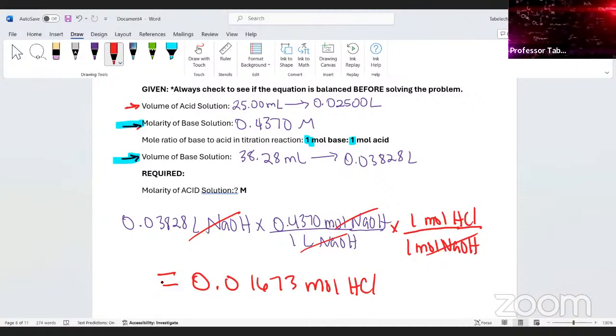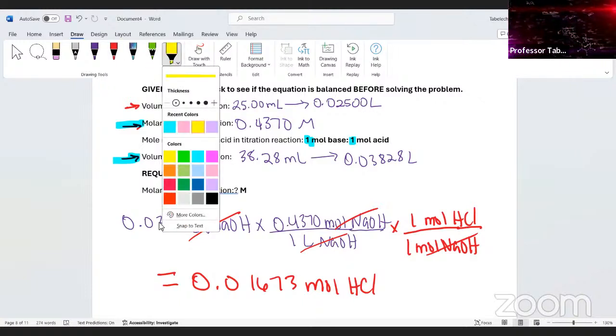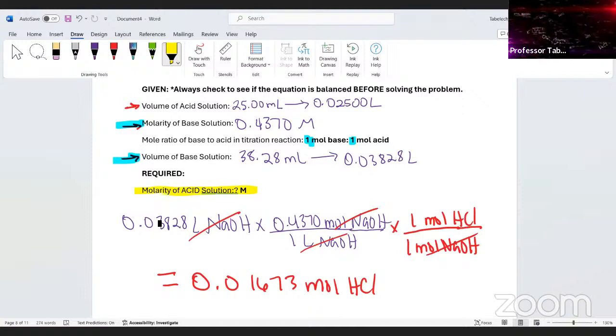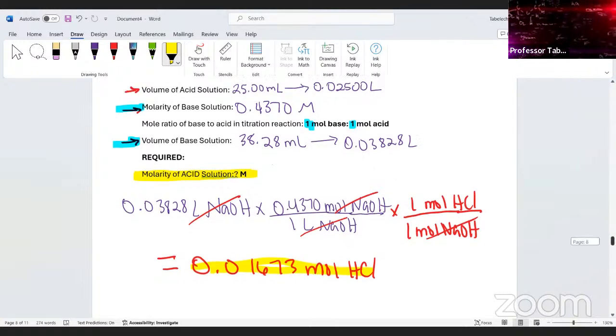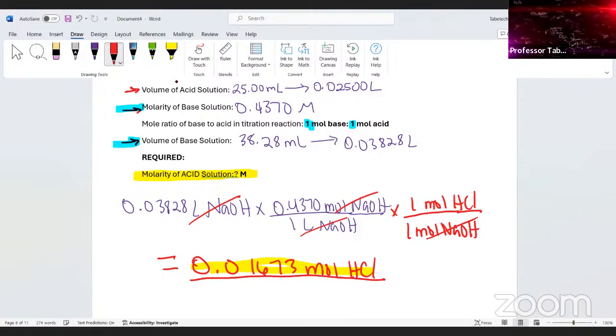Now remember, we're trying to get the molarity of that acid solution. This is what we're trying to solve right here. I'm going to put that in yellow. Molarity is equal to moles, which is the number we just solved, divided by the volume of the acid, which was 0.02500 liters.